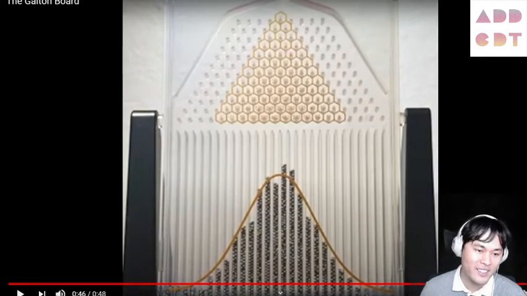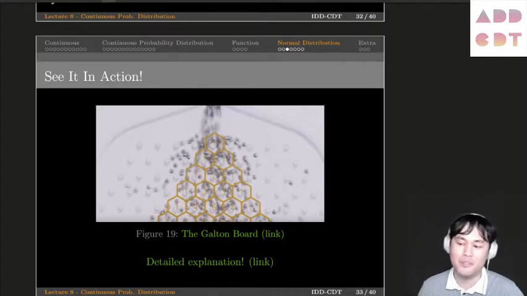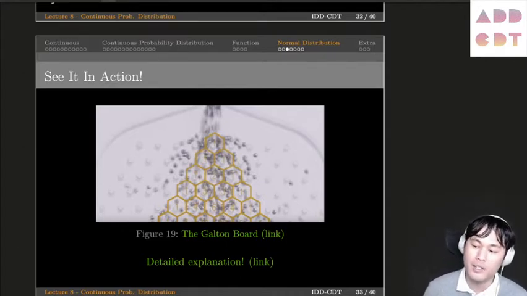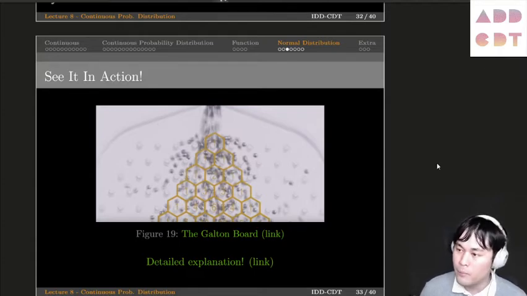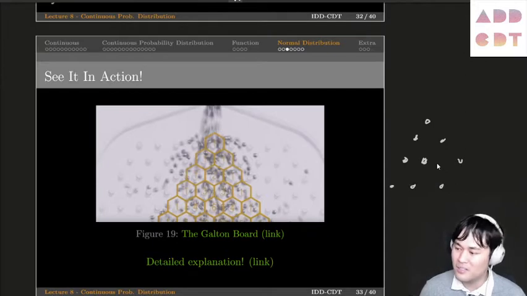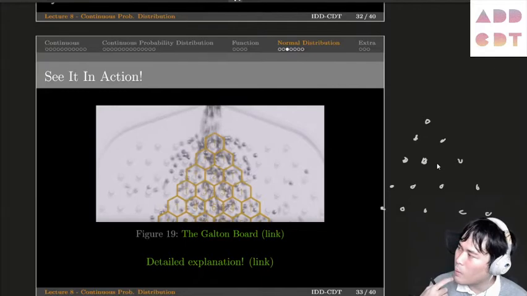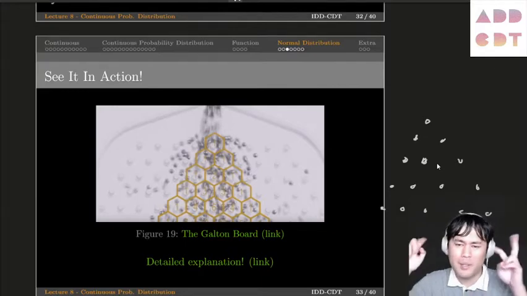Right, looks nice. You can watch more clips, of course, if you search this keyword, the Galton Board. What's going on here? Let me explain. I believe you have seen something like a slot machine, or a kind of gambling machine.